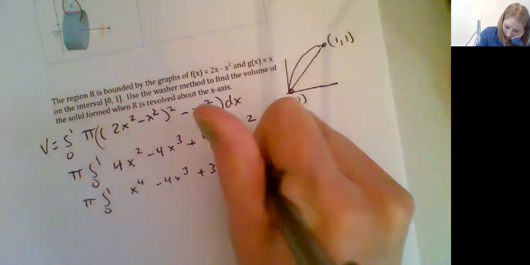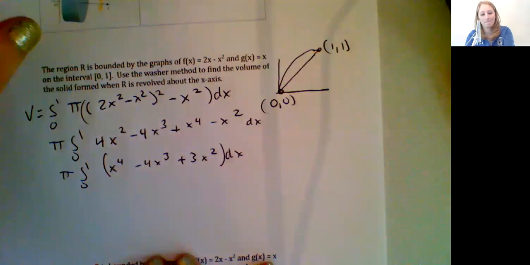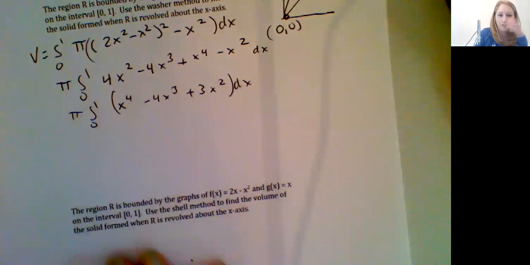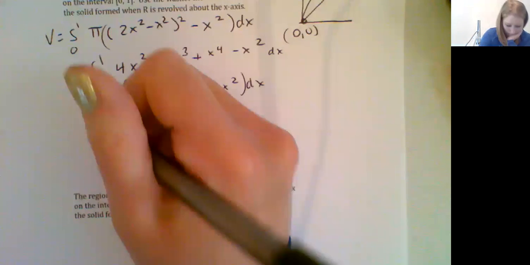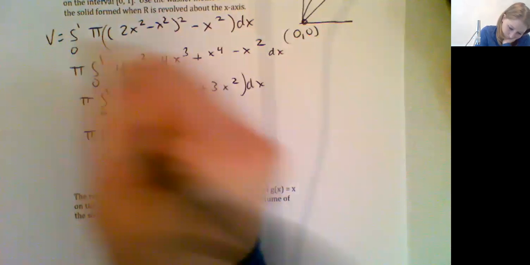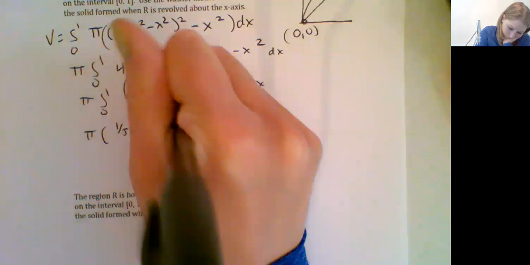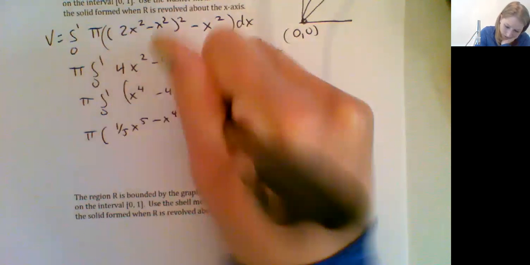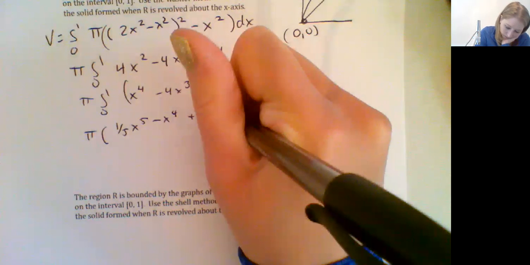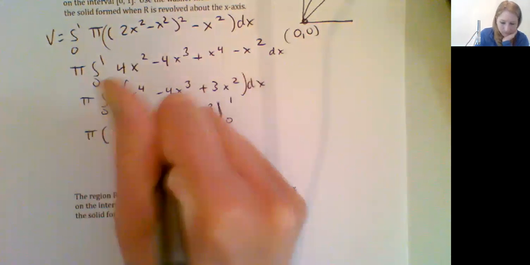Okay, now we can integrate. Okay, let's go ahead and evaluate. And if I do that, I'm going to get pi over 5.